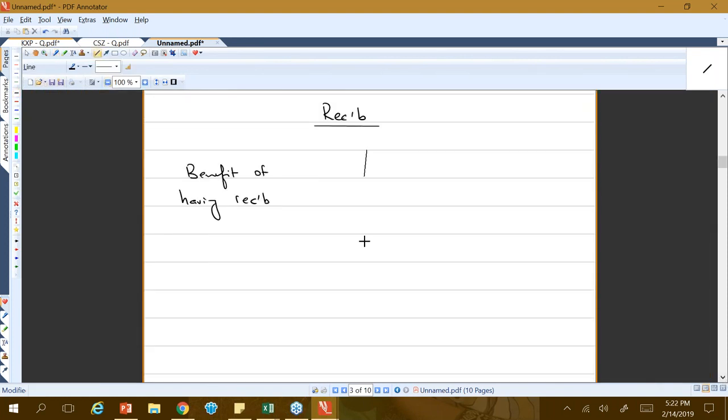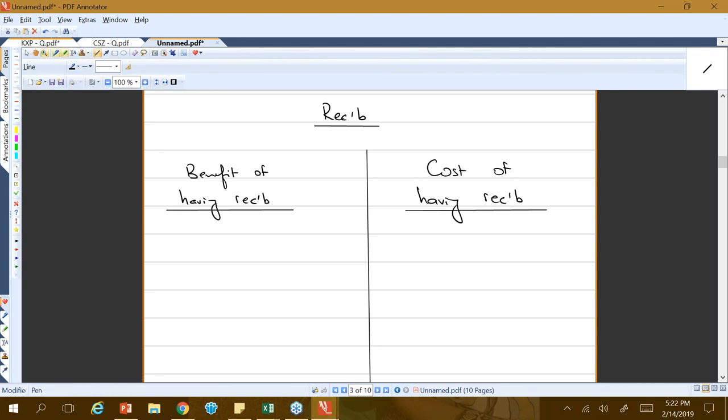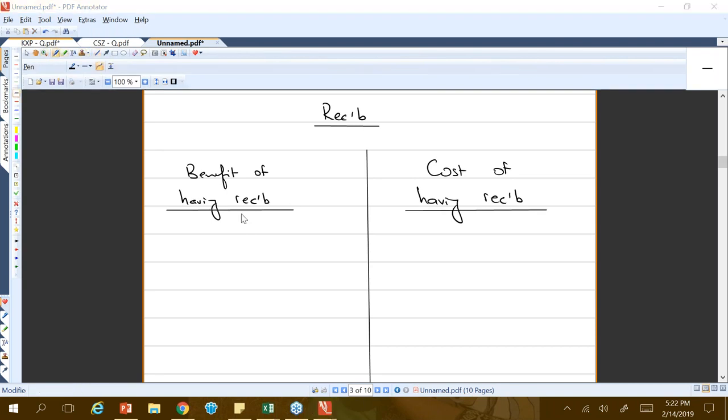And then what is the cost of having receivables? First of all, I want to know from you, what do you think is a benefit to a business of having the receivables? Well, the benefit is increased sales.